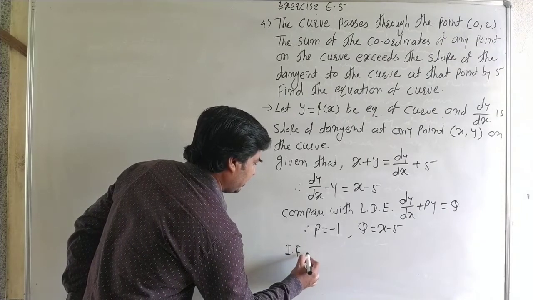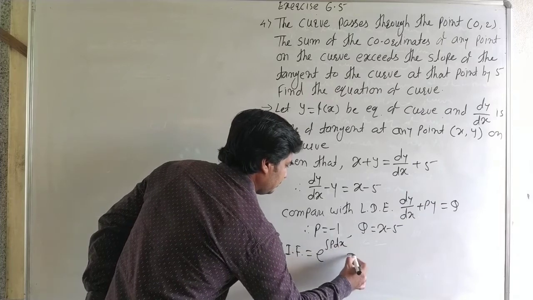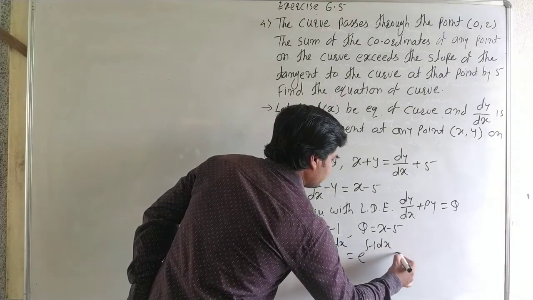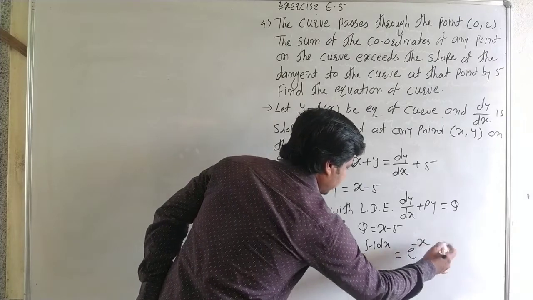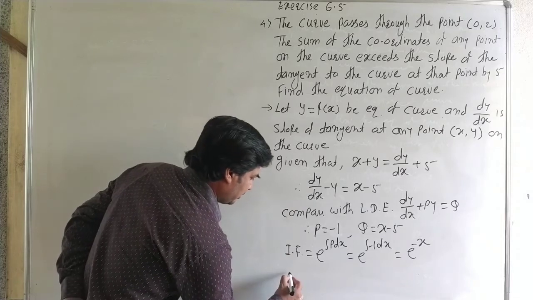Therefore, the integrating factor is e to the power integral of P dx, e to the power integral of -1 dx, and then it is e to the power -x. It is the integrating factor. Now the solution of the differential equation.